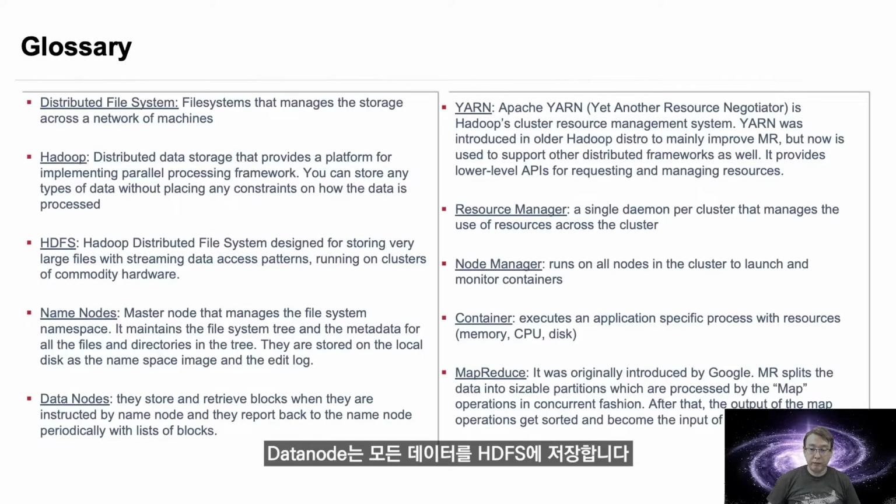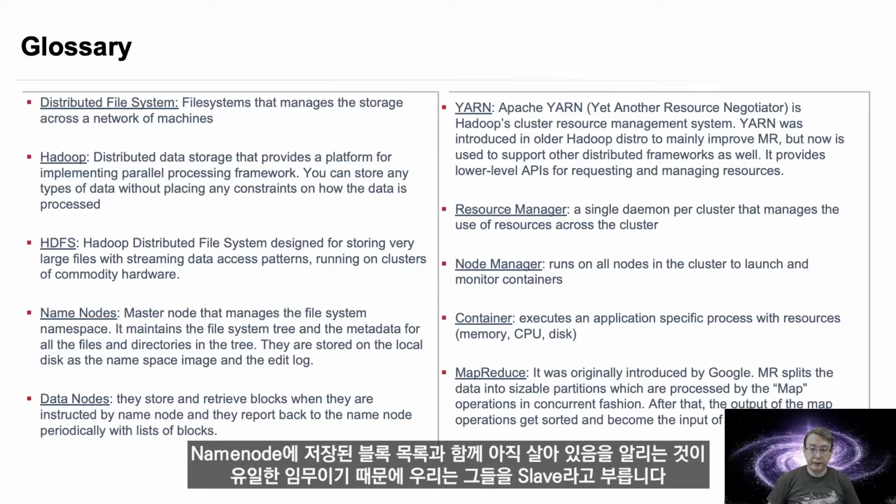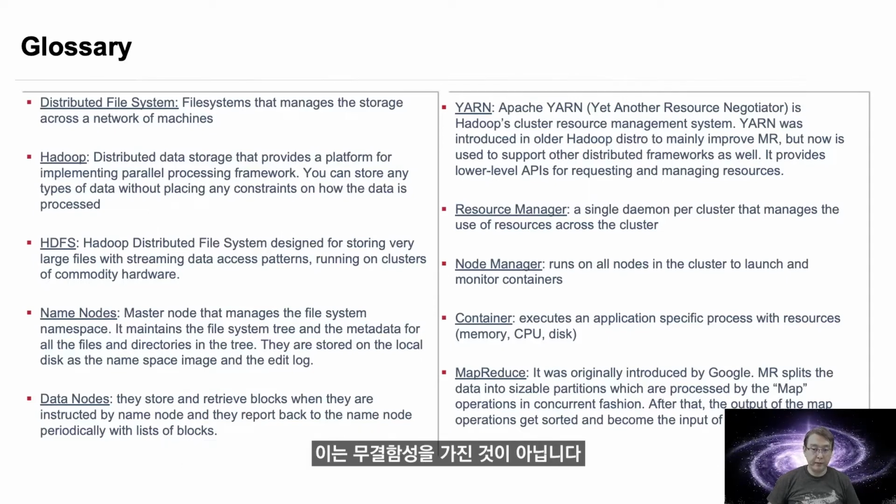Data node stores all data in HDFS. We call them as slaves, since its sole duties are to let name node know they are still alive along with the list of blocks that are stored in them. It is not fault tolerant.